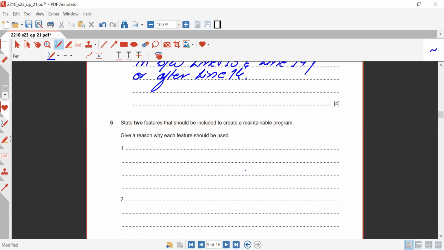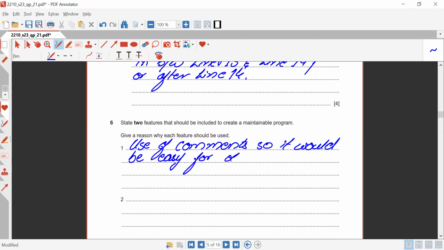Okay, so give a reason why each feature should be utilized. So I'm writing it down. Use of comments, so it would be easy for other persons to understand it. Number one.